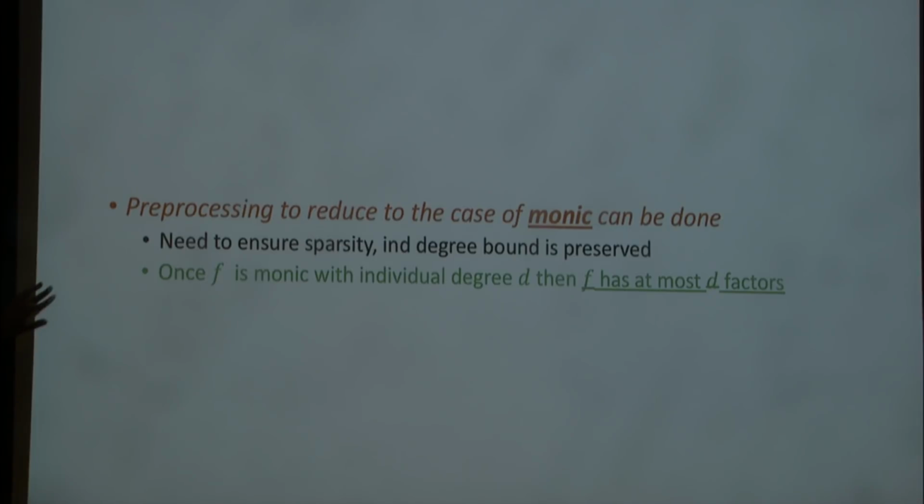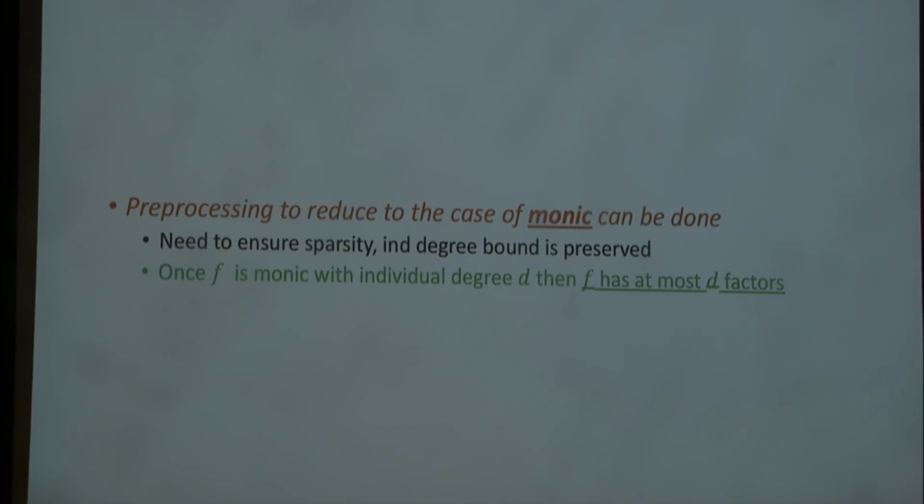So this pre-processing to make monic is hiding a lot of stuff going on inside it. It is showing that if you can do monic factoring, then you can do general factoring. In monic factoring, the number of factors is only d. The original polynomial might have had d times n factors, but this is a crucial step where we reduce to the case that it's enough to handle the monic case.